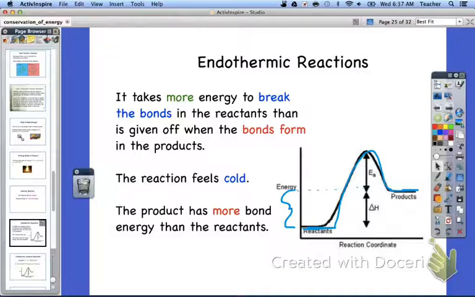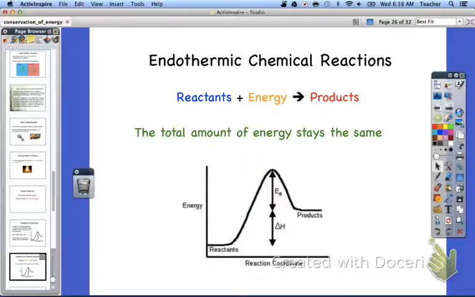Now you should draw that picture and label it an endothermic reaction because that's one of the models that you could use to meet this particular standard that we're trying to achieve. If we wanted to show an endothermic reaction another way, we could write a general chemical equation where we start with some reactants, we add energy, because that energy came from the environment.